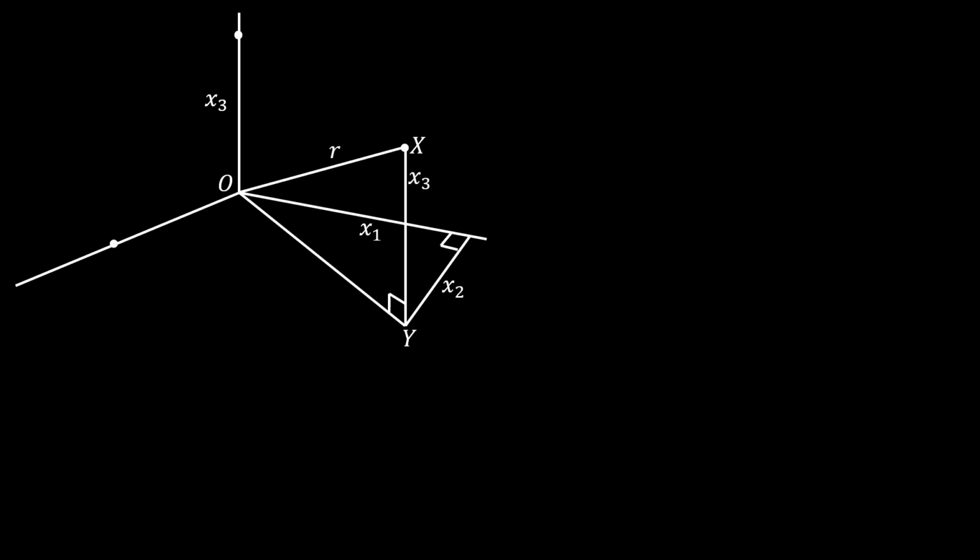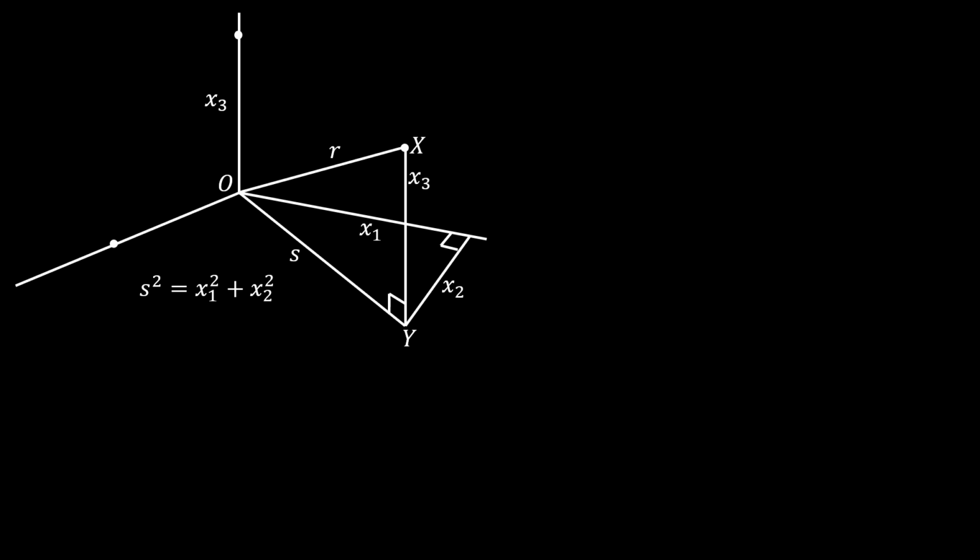So we have the distance r, and then we have the distance s. You could look at s as the square of the Euclidean norm, but also you could look at it from the angle of Pythagoras theorem, where s squared is equal to x1 squared plus x2 squared. So the Euclidean norm still holds.